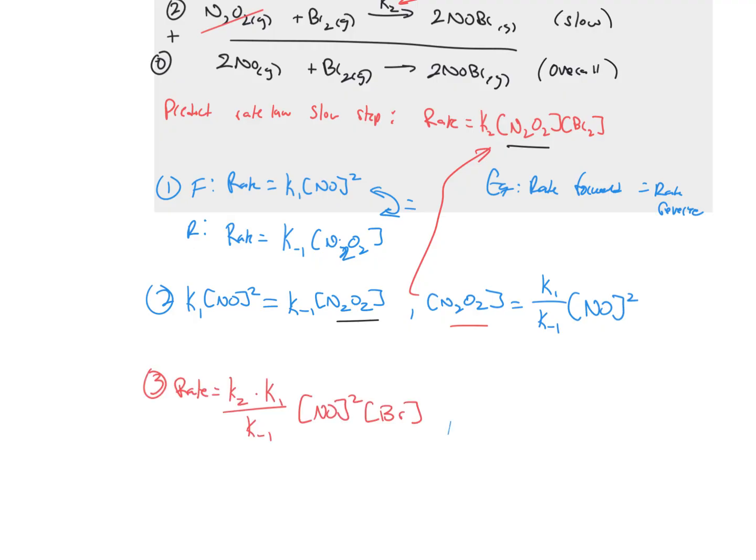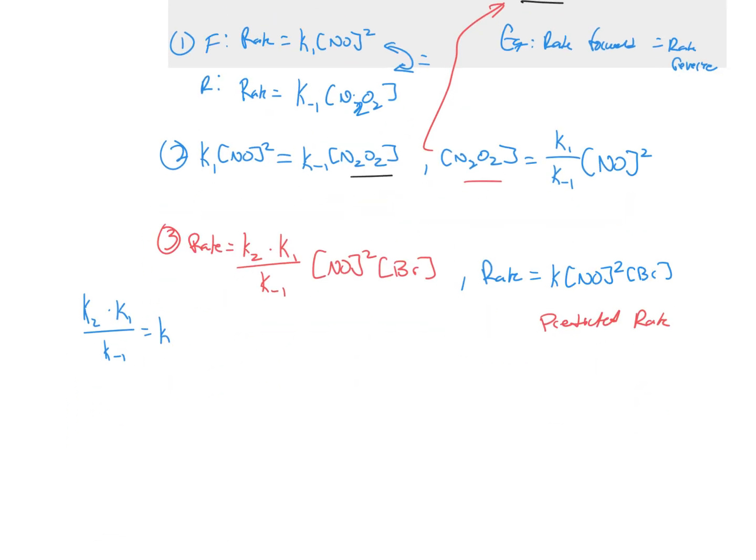Now to make things pretty, I can just define that K2 times K1 over K minus 1 is just equal to the rate constant K. And so now I get that the rate of this overall reaction we predict is K times concentration of NO squared times concentration of Br2. And this is the new predicted rate.